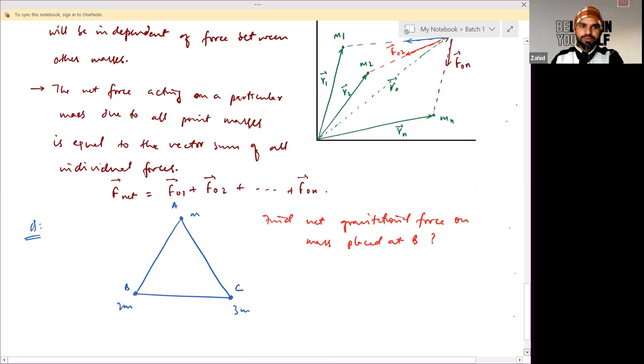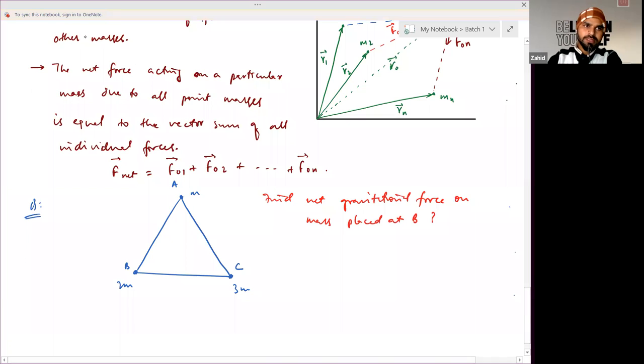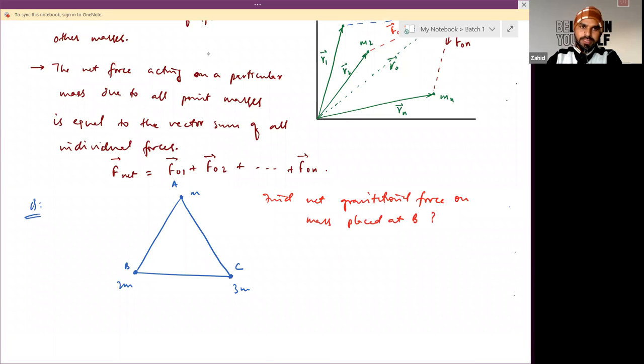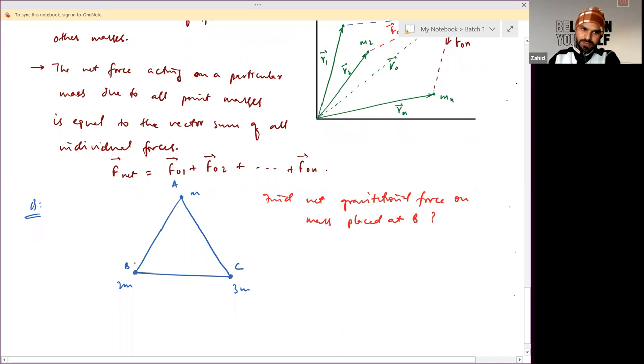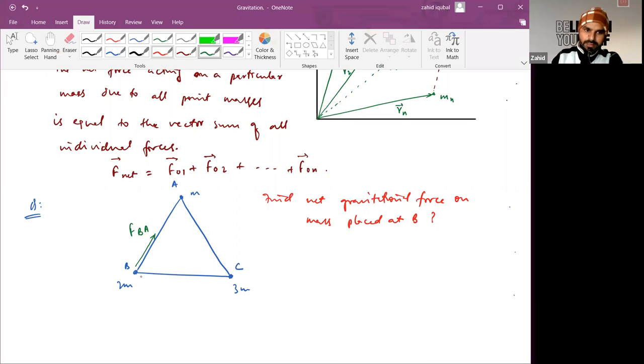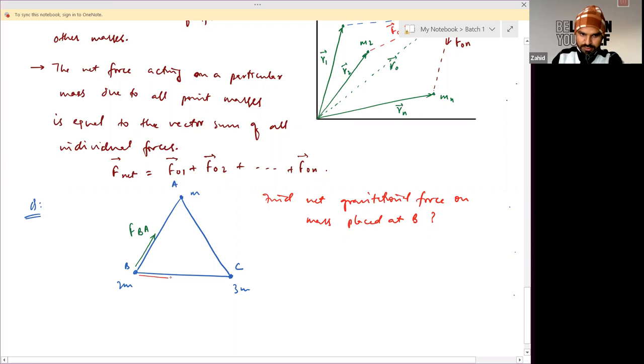So let me define how to approach this. First, try to check what interactions there are for this particular point mass placed at B. So you'll say there is one interaction towards A. This point mass m will apply gravitational force on this mass 2m along itself. So it will be force on B by A. Similarly, point mass 3m will apply a force on it along this direction.